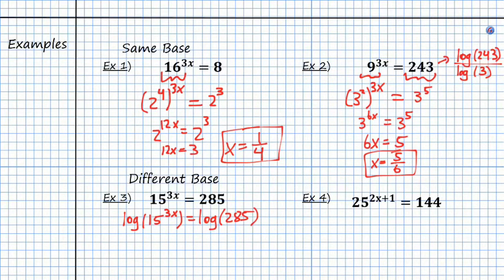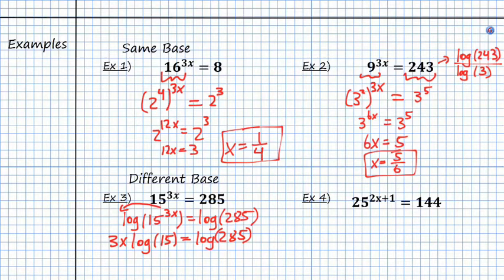All right, so I've got the log base 10 of both sides, and due to my power rule, I know that this 3x is going to come out in front, so I can rewrite this as 3x log 15 is equal to the log of 285.